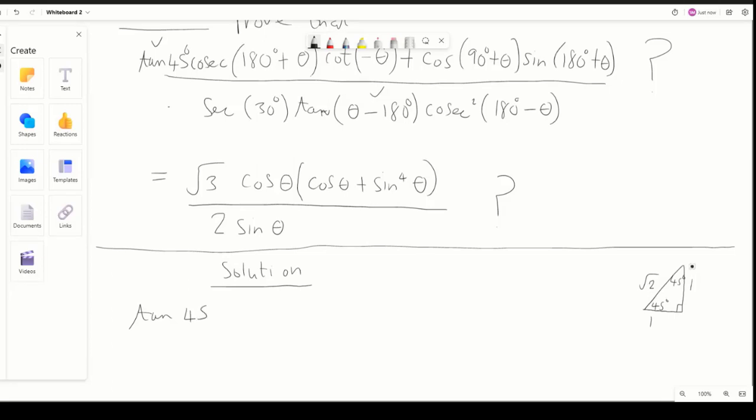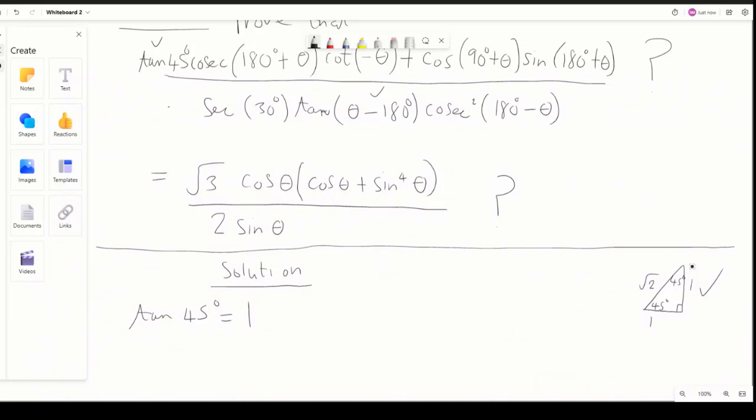Without a calculator, just using your special angles and the theorem of Pythagoras, the tan of 45 is 1. Are we fine with it, guys? Do you agree with me, just looking at this right-angled triangle? Yes. Good.